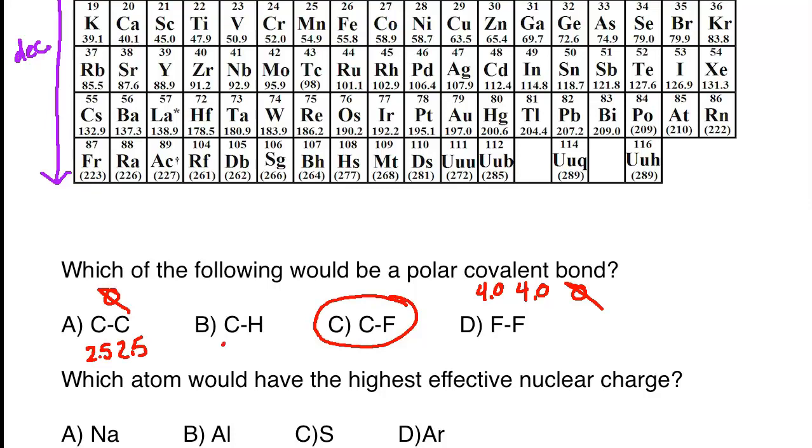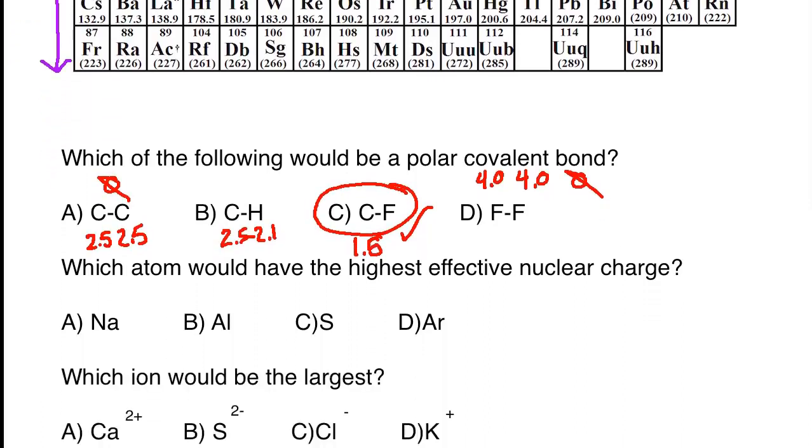Carbon-hydrogen, if you remember we took a look at, it was 2.5 and 2.1. So that's not a great enough difference to really classify it as polar. That leaves the carbon-fluorine bond where the difference was a little bit larger. So we had 2.5 and 4.0, so the difference was 1.5 in terms of the electronegativity difference. That's enough to classify that as a polar covalent bond. So C is the correct answer for that one.